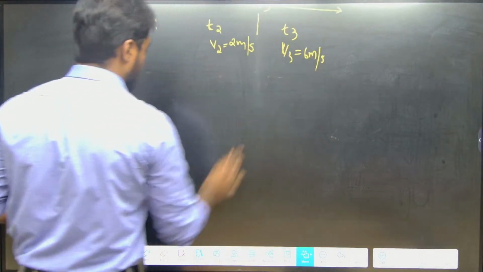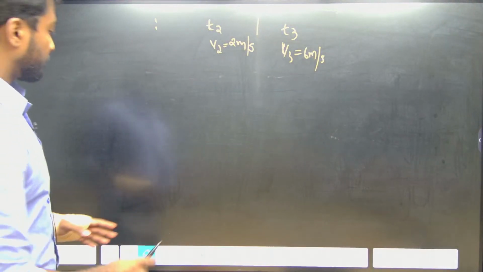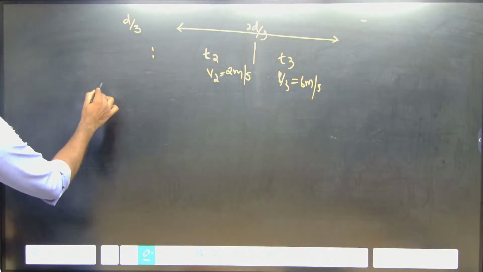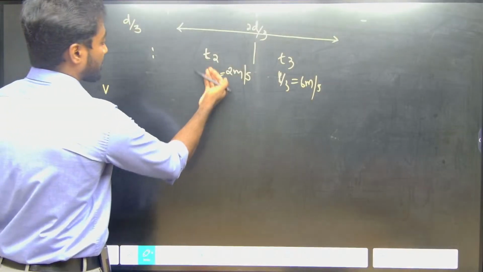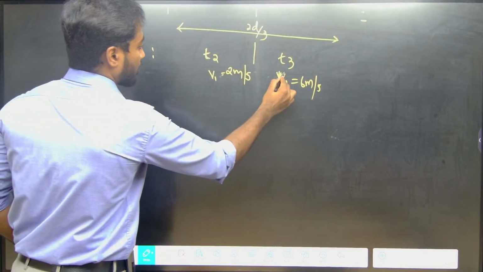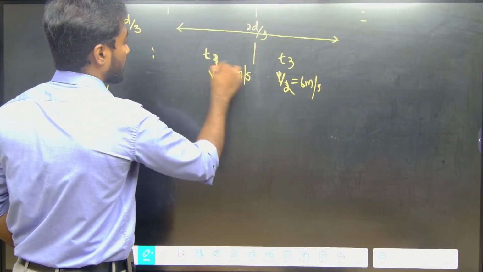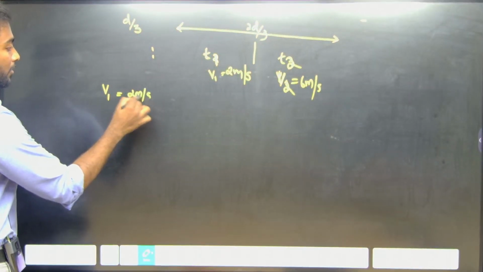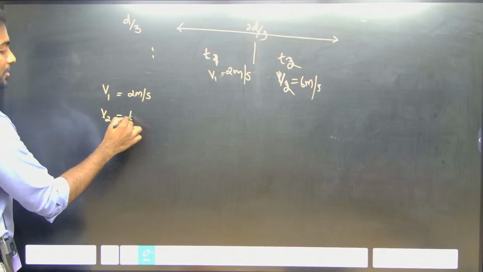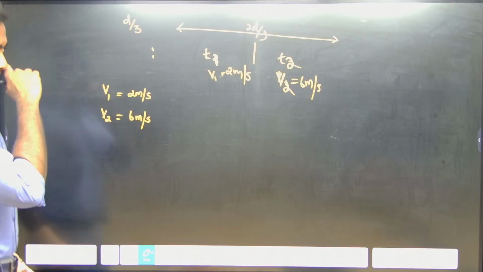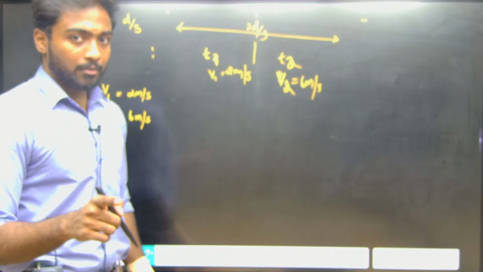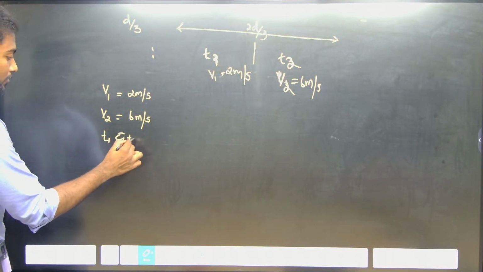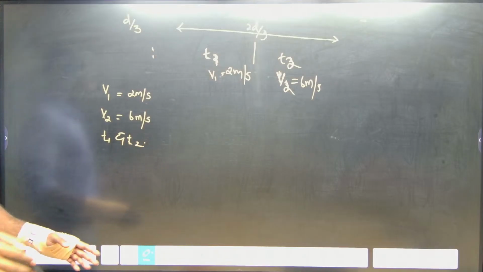What I will do now, so let me consider this is V1 and this is V2, T1, T2. So V1 I know 2 meter per second, V2 I know 6 meter per second, and T1, T2 they have given. I need it in terms of T1 and T2.